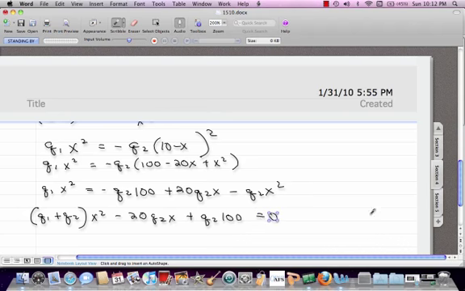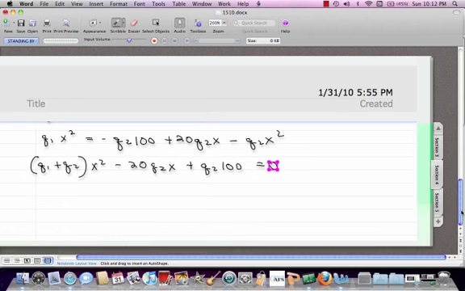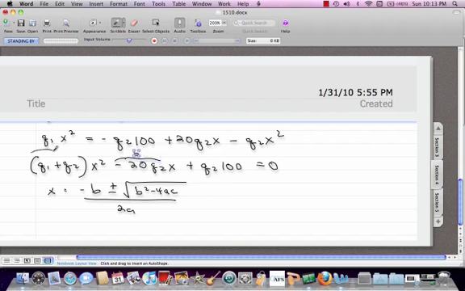So now I can use the solution for the quadratic equation, and so remember that x is equal to negative b plus or minus the square root of b squared minus 4ac, over 2a. Now this right here is my b, and it has a negative also. This right here is my a, and this right here is my c. So that's what I can plug in here.